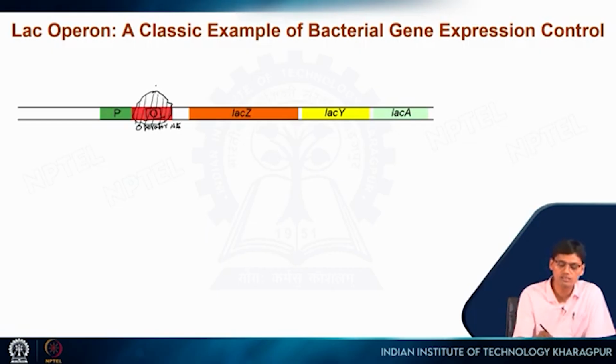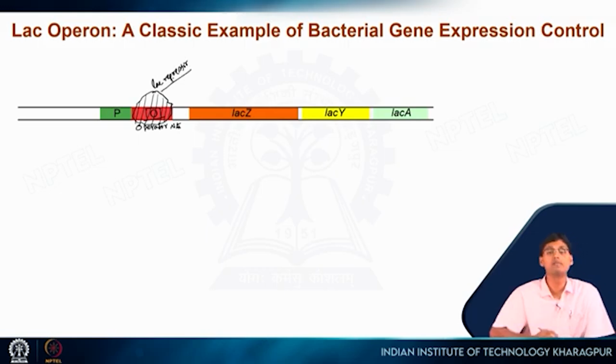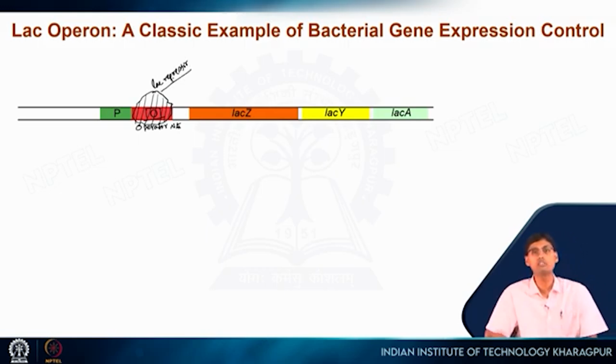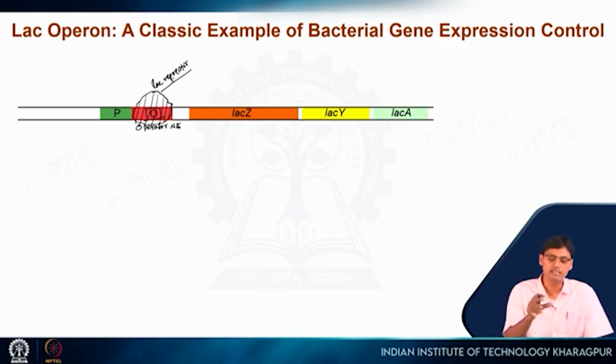This is called the lac repressor. It is a protein that binds to the operator site. It is like a default state: the lac repressor is always bound to the operator site, so that these products will not be produced unnecessarily.